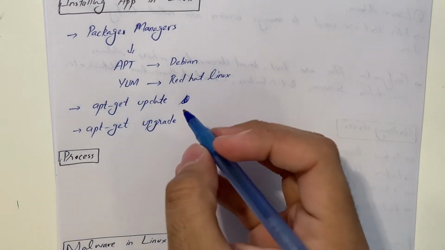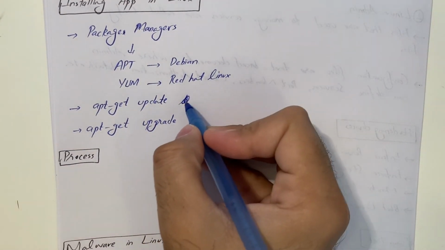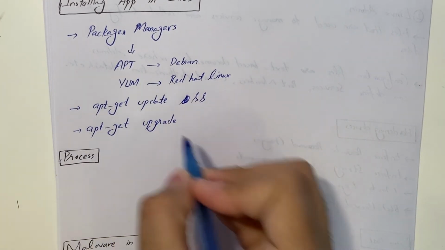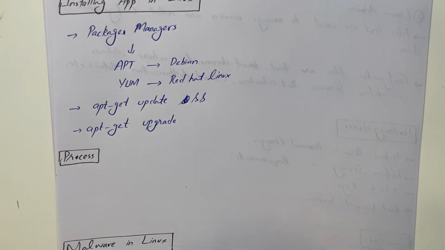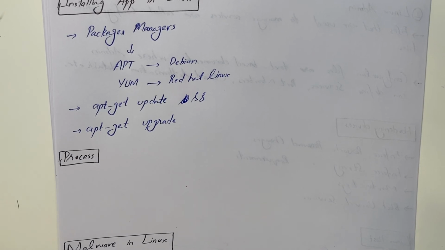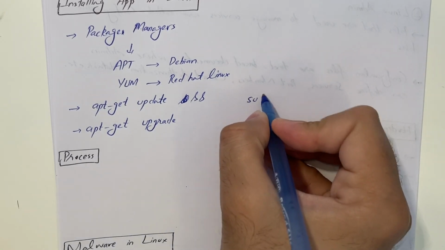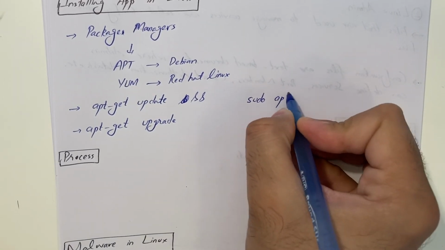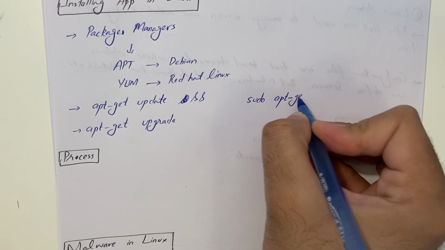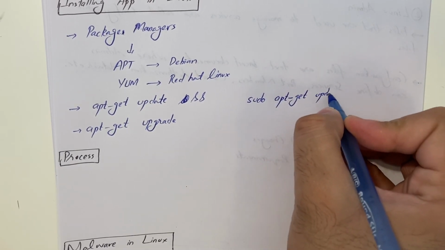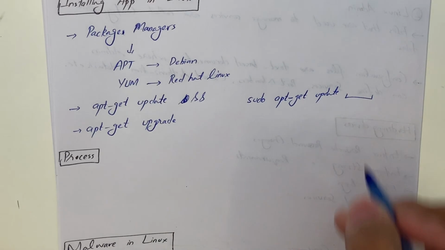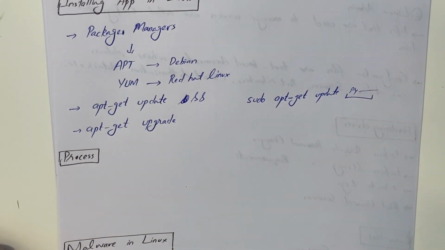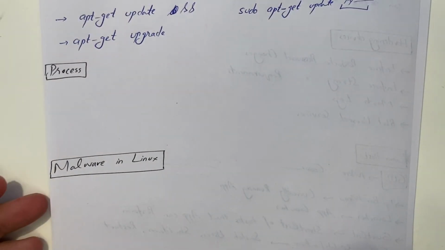You can also type both of these commands together. If you want to update a specific program, we type sudo apt-get update and the name of that software, for example Python. That's how we can update or upgrade a file.